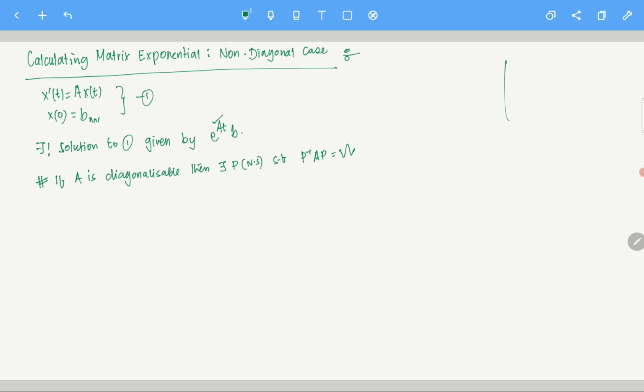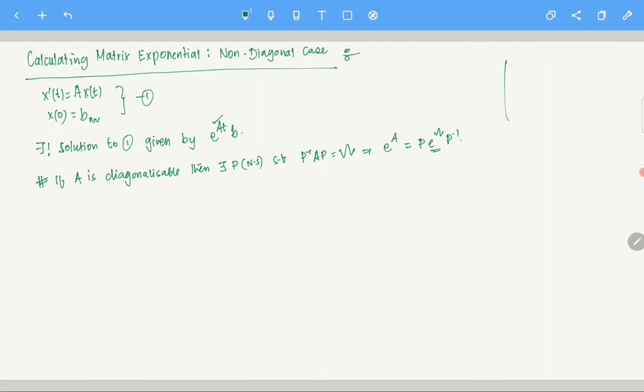And then calculating exponential A will turn out to be P exponential delta P inverse. So that's the easy case, and exponential delta is very easy to calculate, so you are done.